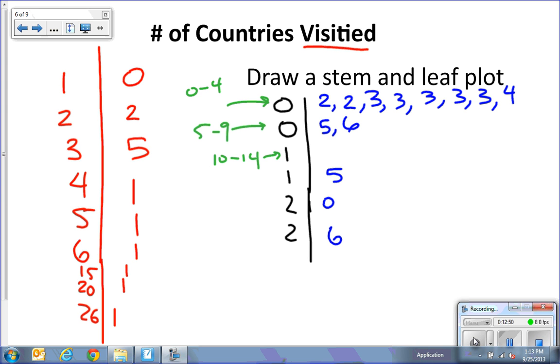Okay, so here's our distribution. Talk to me about the modes. Okay, so here is an important fact. Back in Algebra 1, they talked about the mode. What's the mode? The most common number.